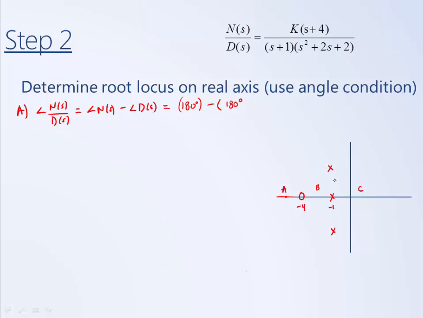We also have angles from these 2 poles. So you could imagine if we drew a vector to that test point, we have some angle θ1, and if we drew some vector from that open loop pole to that test point, we have some angle we can call θ2. You'll notice that this θ1 and this θ2 sum to 360 degrees.